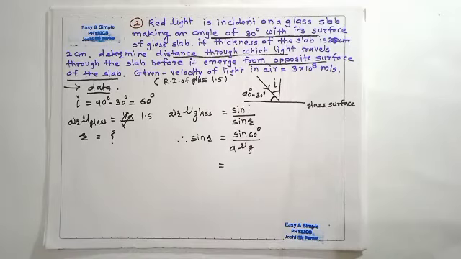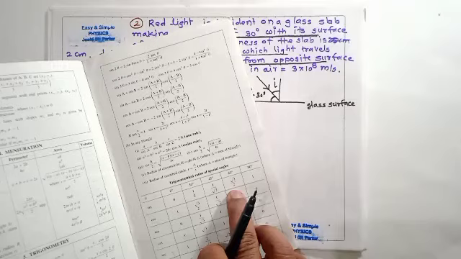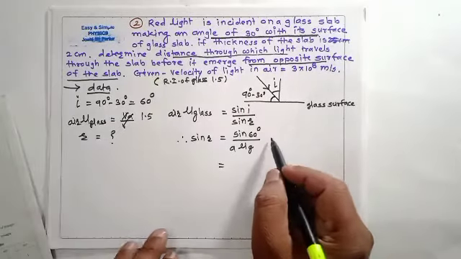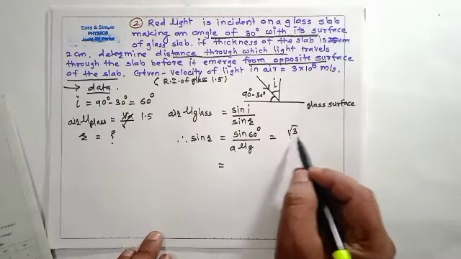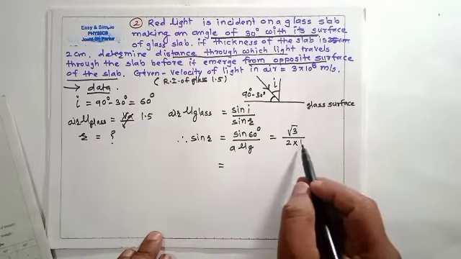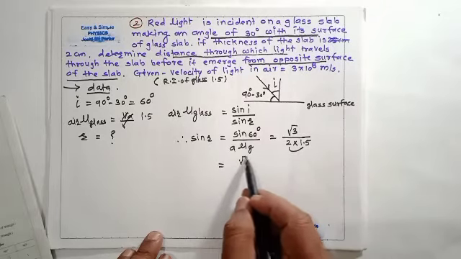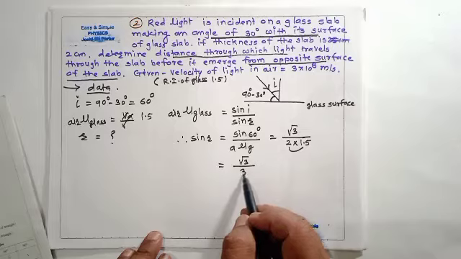The value of sine 60 will be square root of 3 upon 2. So we can write square root of 3 upon 2 into 1 upon 1.5. If we multiply here, it will be square root of 3 upon 3.